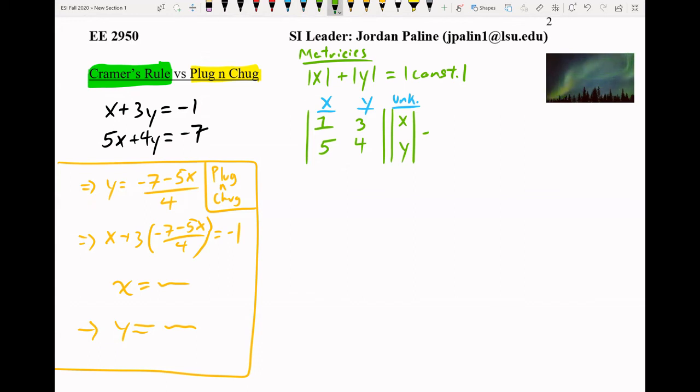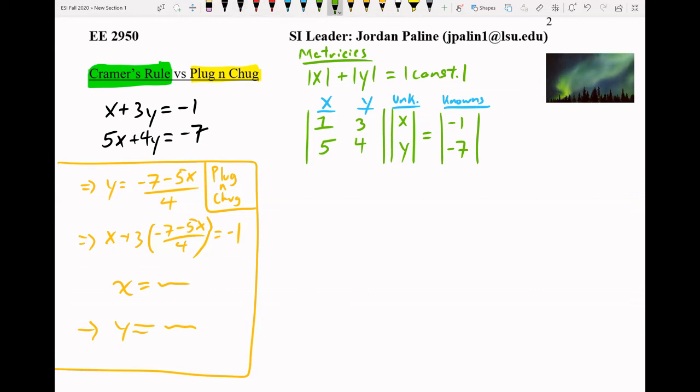Once we have that, we can take this side over here and we'll call this our knowns. So our knowns are just going to be -1 and -7. We're just pulling from the right hand side. Fine and dandy, what do we do with all this?